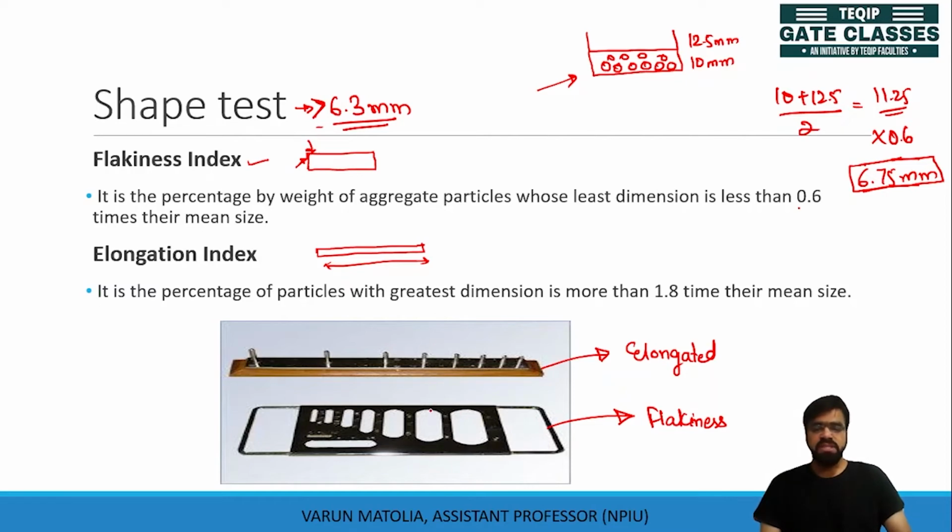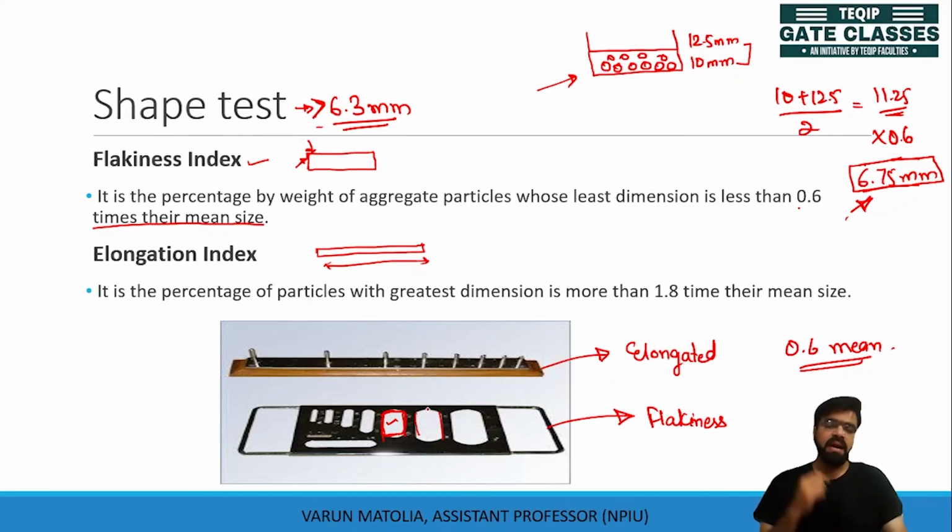These slots which are visible here are of this dimension. For different sieve sizes, these have a size of 0.6 times the mean. So we try to pass each and every aggregate through the slot of its desirable size.